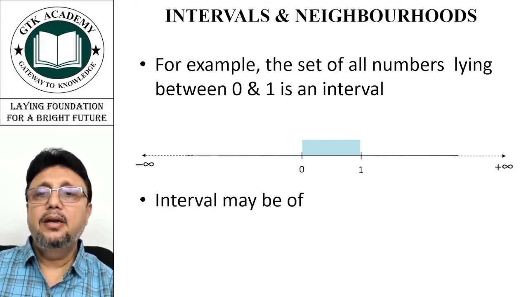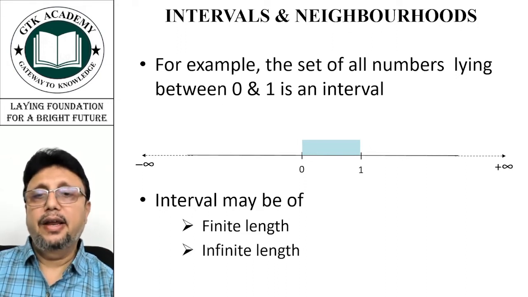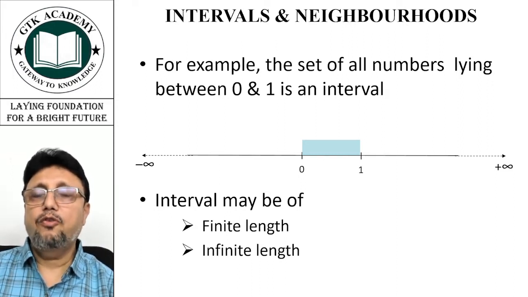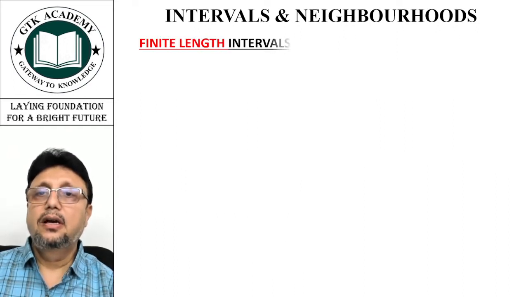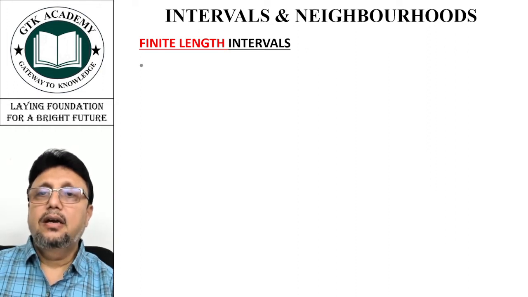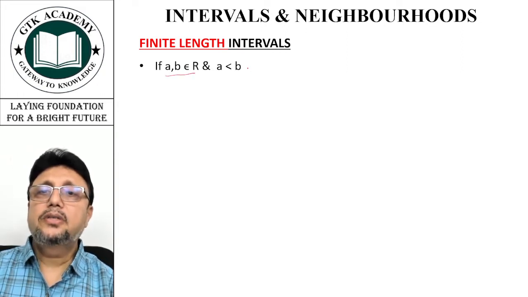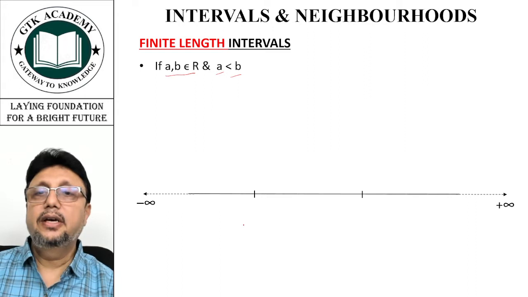Now, an interval may be of finite length, or it may be of infinite length. So let us discuss the types of finite length intervals and infinite length intervals. What is a finite length interval? If a and b belong to real numbers and a is less than b. Suppose we depict the real numbers like this from minus infinity to plus infinity, and we have a here and b here.